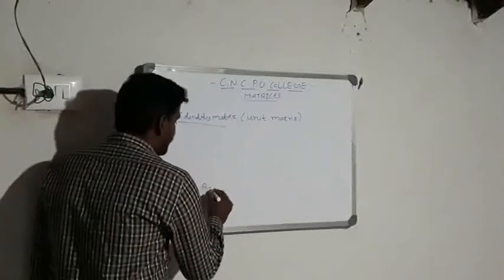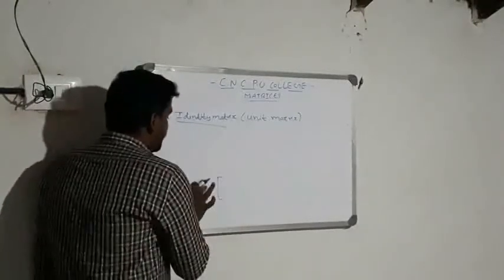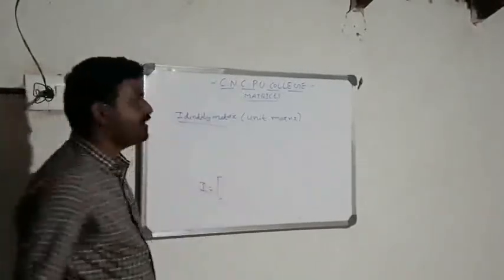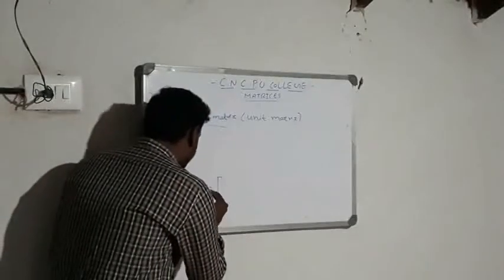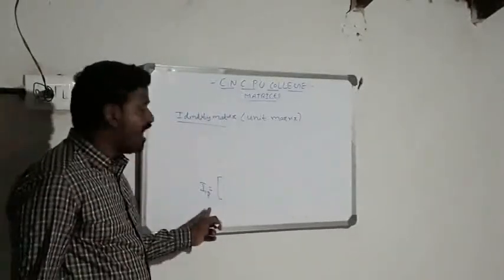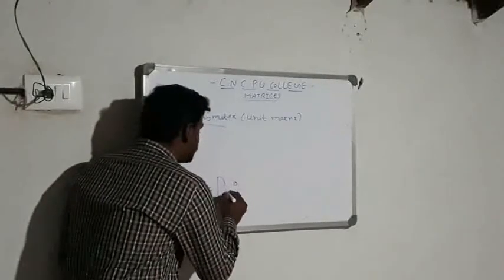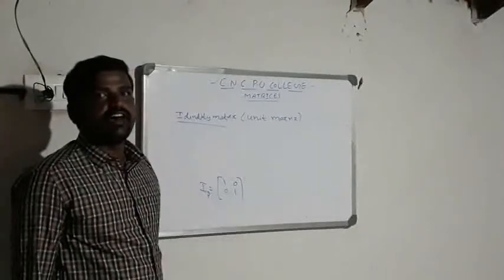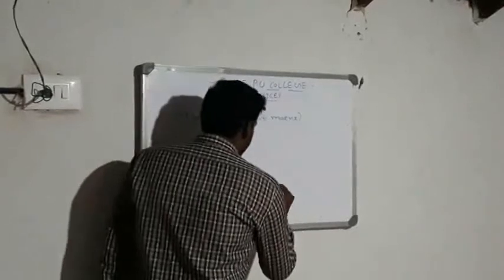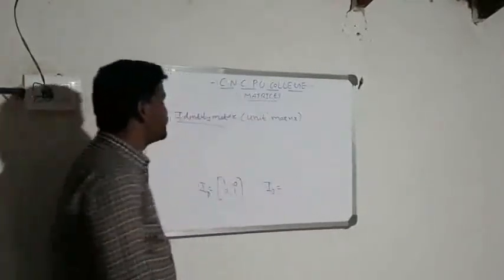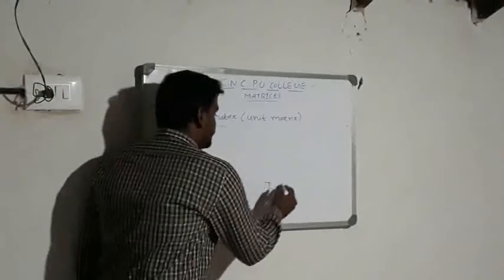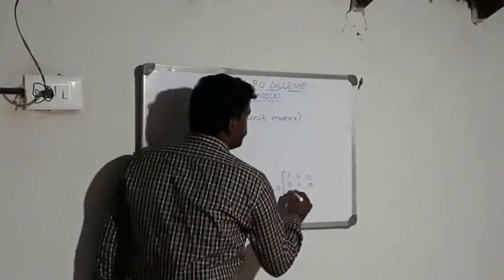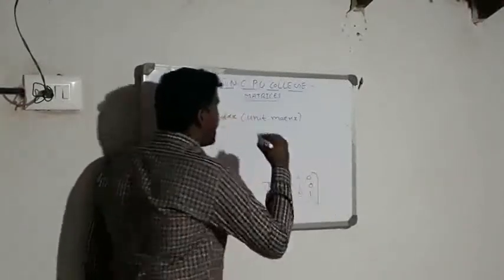The identity matrix is denoted by the capital letter I. A 2 cross 2 identity matrix is denoted by I2, which is 1 0 0 1. Suppose we write the 3 cross 3 identity matrix: I3 is equal to 1 0 0, 0 1 0, 0 0 1. This is called an identity matrix.